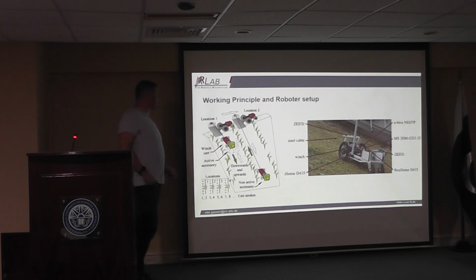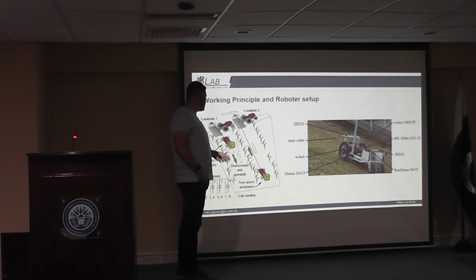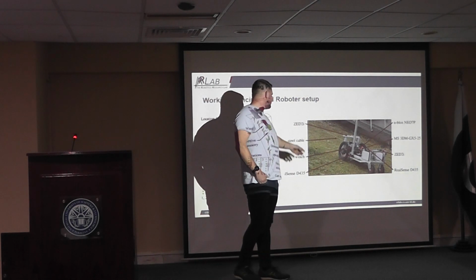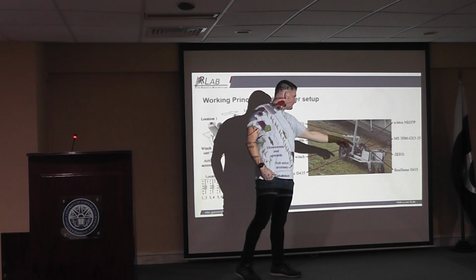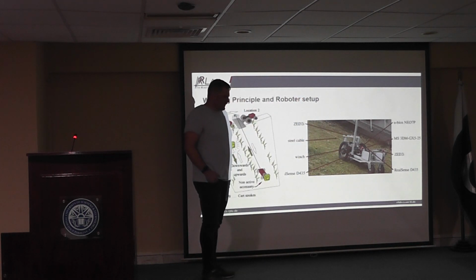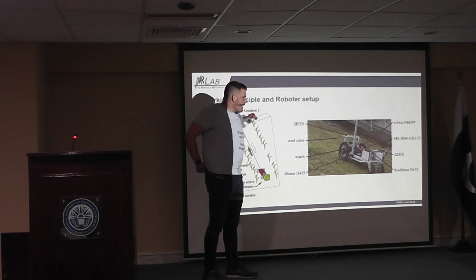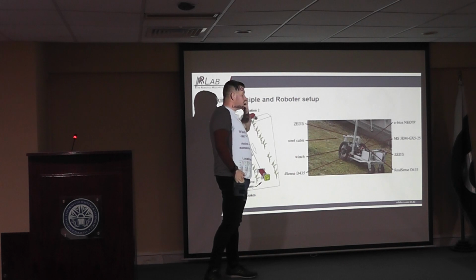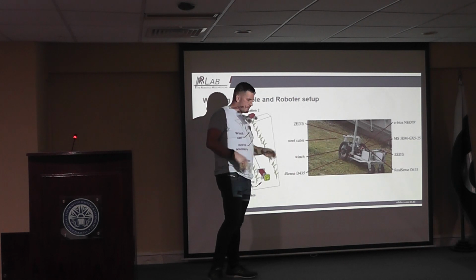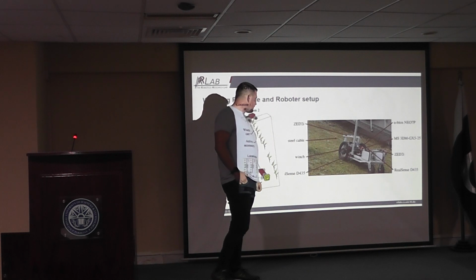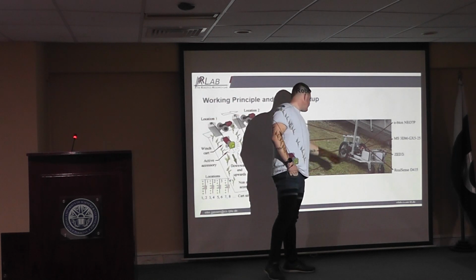Let me zoom a bit into the robot. Here is a short overview. We have a stereo camera in the front and a stereo camera in the back, to see where we want to drive and to see the space between the plants and also part of the plants. We have the winch with the steel cable.